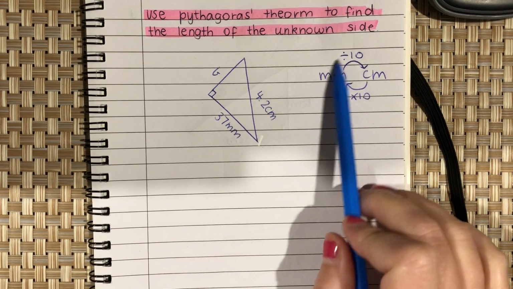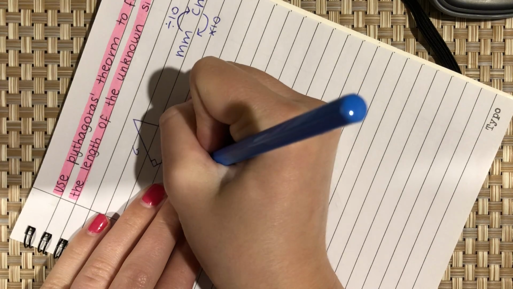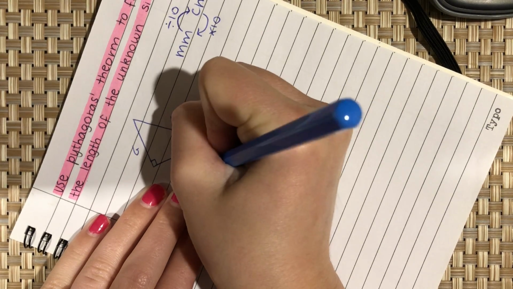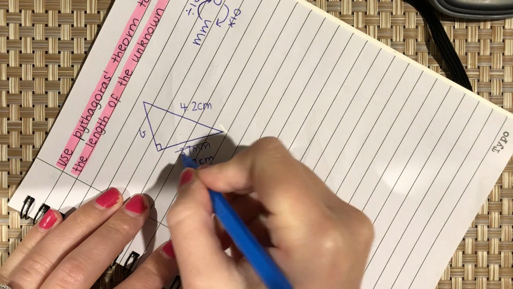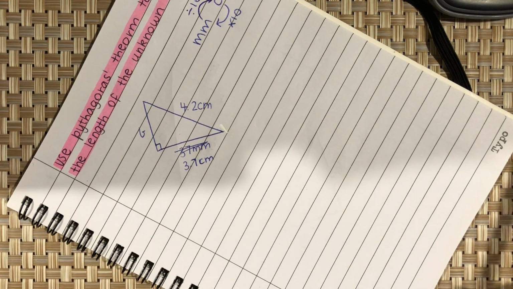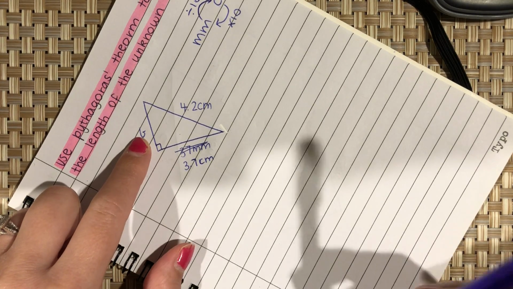Millimetres to centimetres, you divide by 10, okay? So this is actually going to be 3.7 centimetres. All right. Now I can go ahead and label my ABC. Well, B is what we're trying to find out.